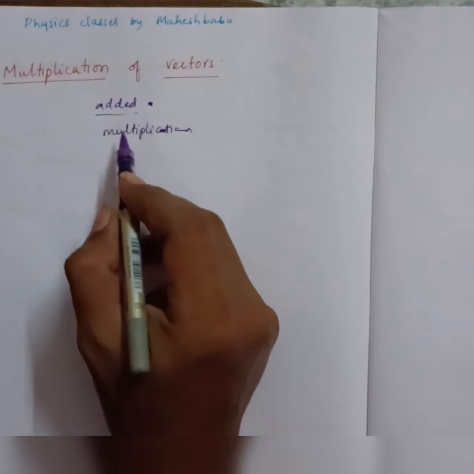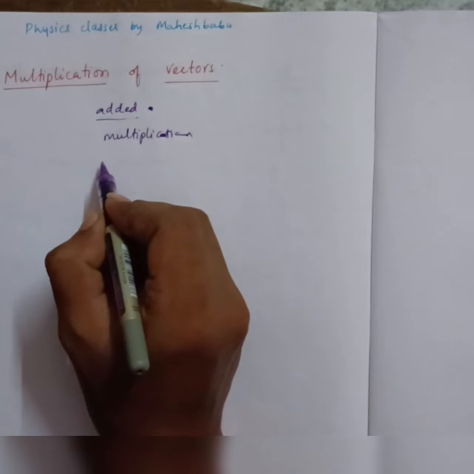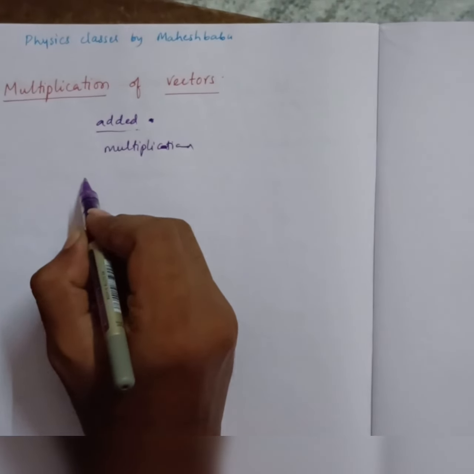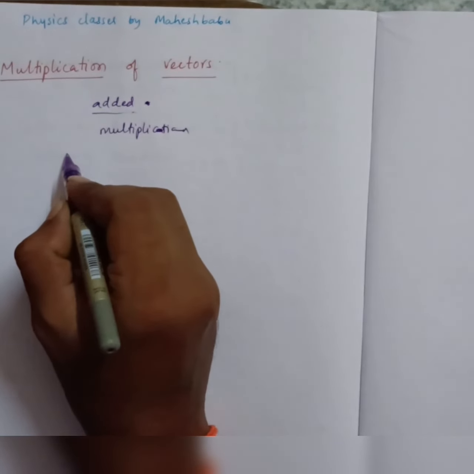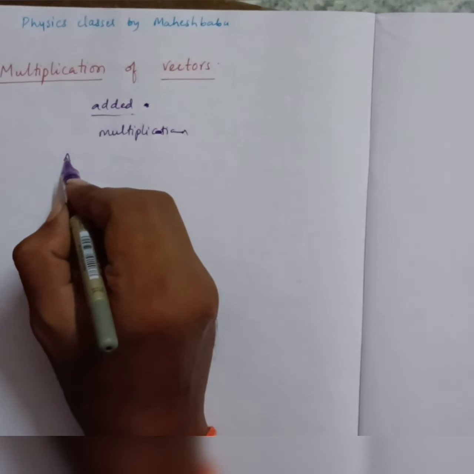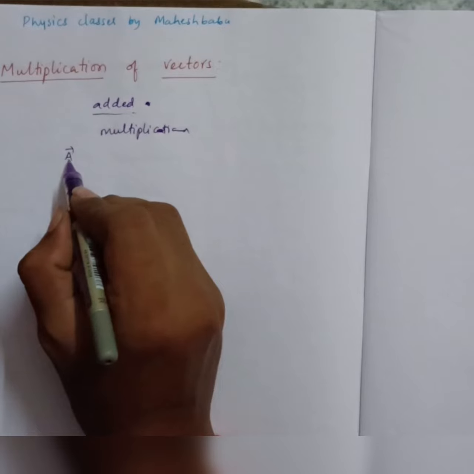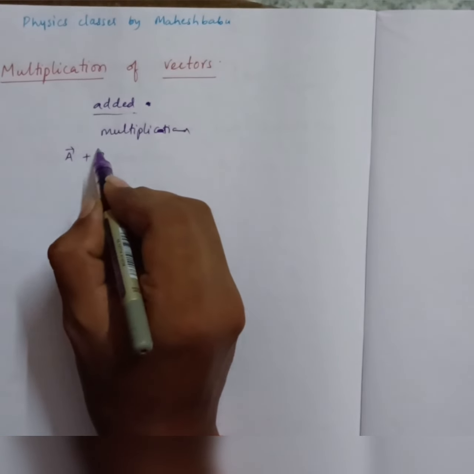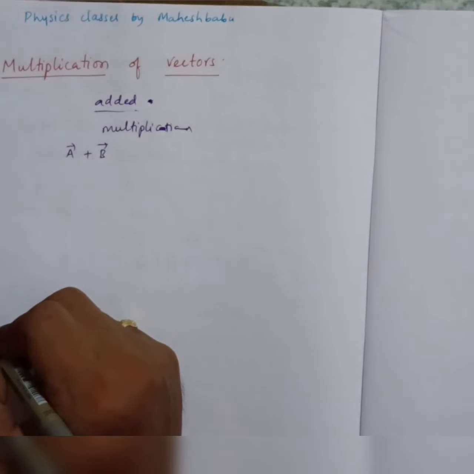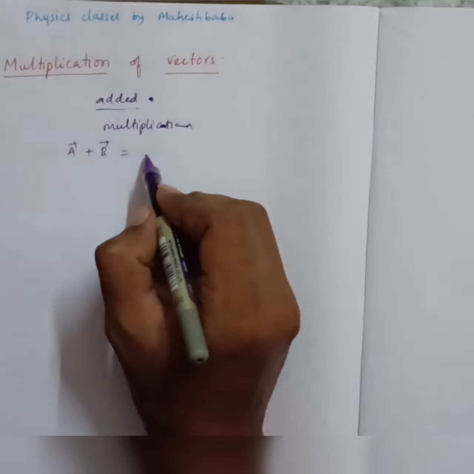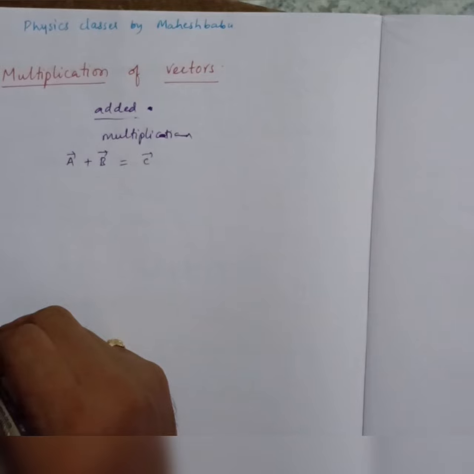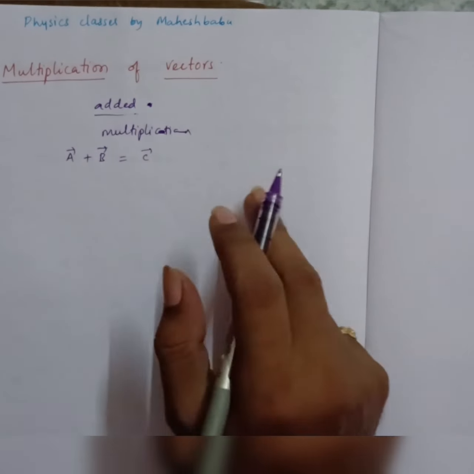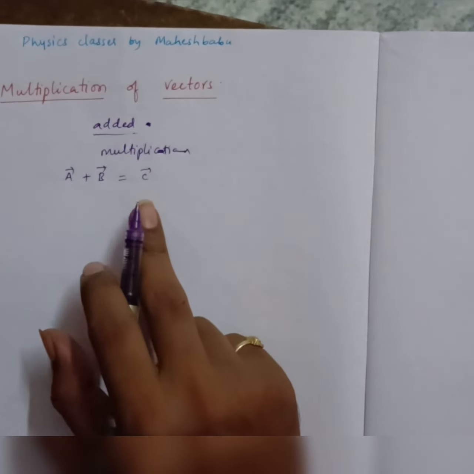Now when we add two vectors, for example, if you have a physical quantity, vector a bar, and if you do addition with a vector b bar, we will get a resultant, that is a vector. When two vectors are added, we will get the resultant, again a vector.